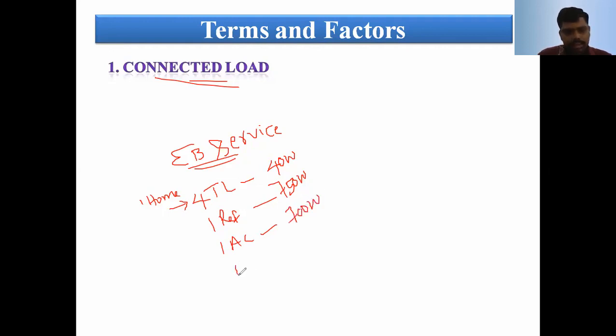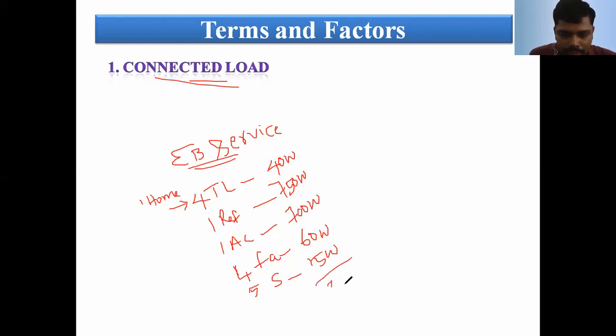They are using 4 fans, each with a capacity of 60 watts. For charging purposes, they use 5 sockets, with an average capacity of 15 watts. And for miscellaneous use, you can take on an average 150 watts.